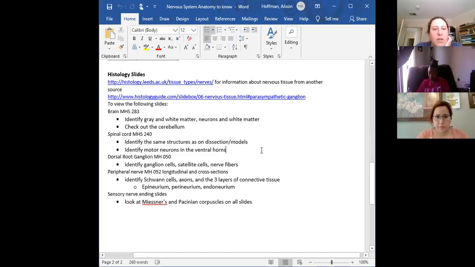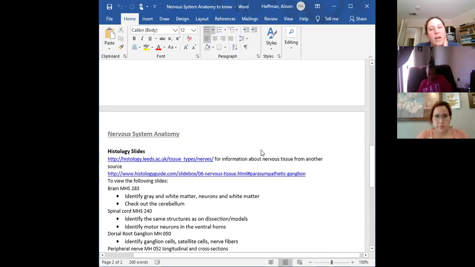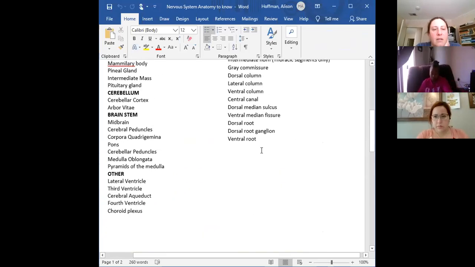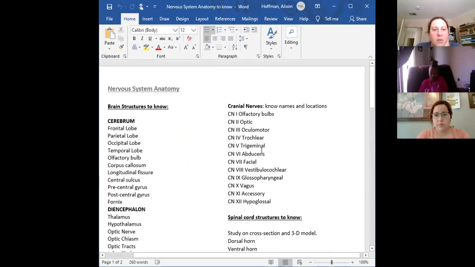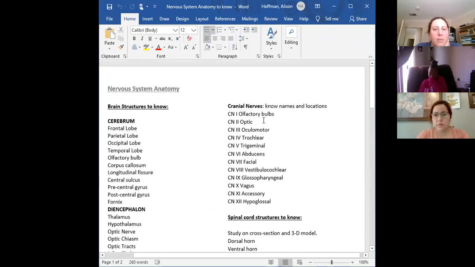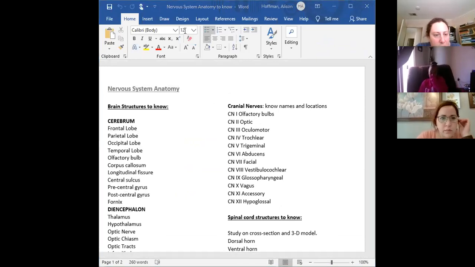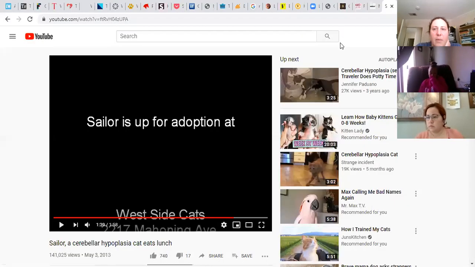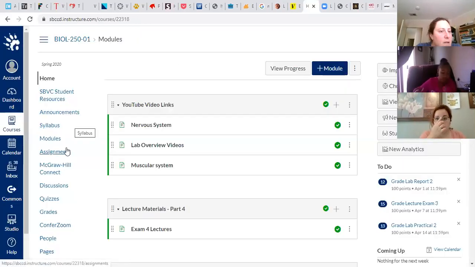So I just want to show you where your primary studying of images should be, okay? For the brain and spinal cord structures, what we want to look at is going to be from that McGraw-Hill website.